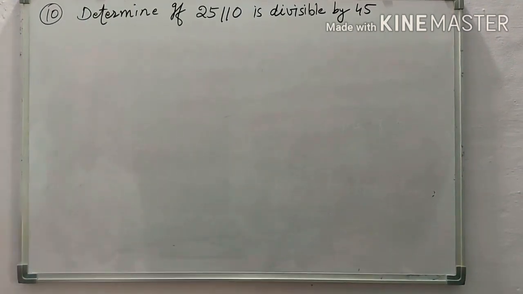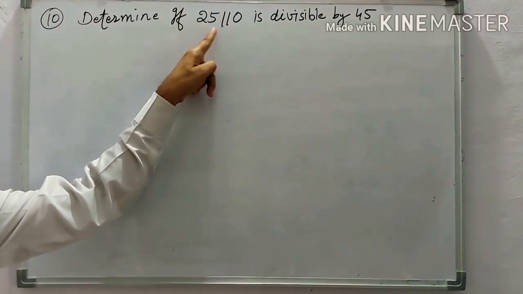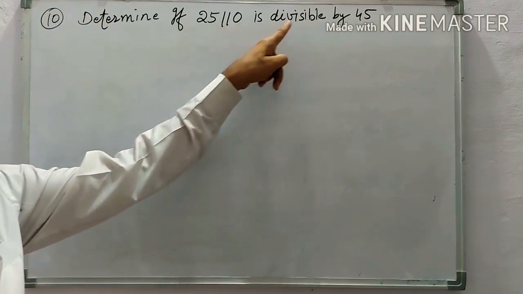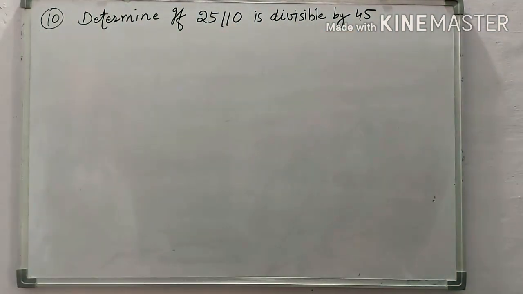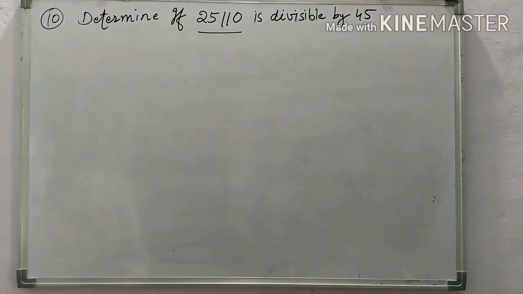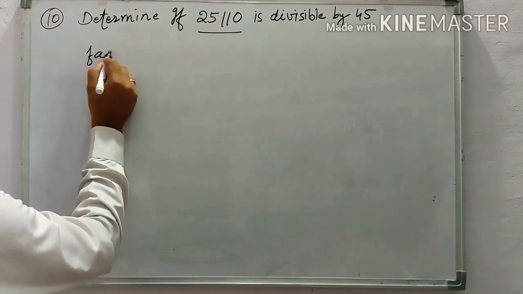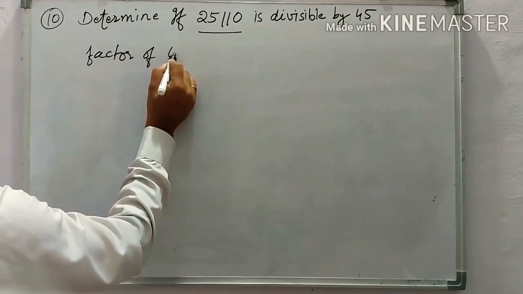Now question number 10: determine if 25,110 is divisible by 45. If any number is divisible by 45, it means the given number is divisible by the factors of 45. If it is not divisible by the factors of 45, then 25,110 is not divisible by 45. So first we write the prime factors of 45.